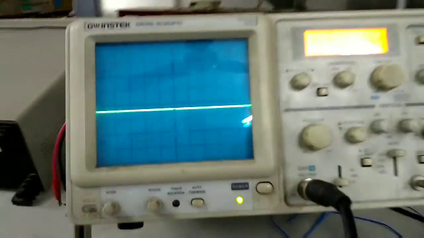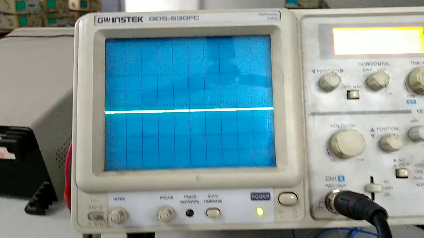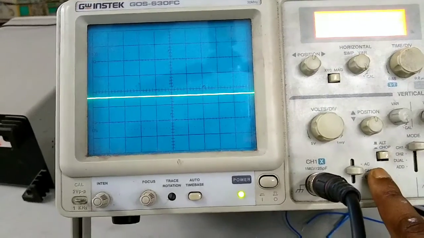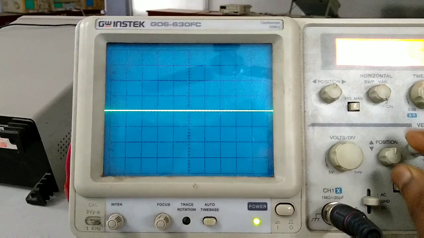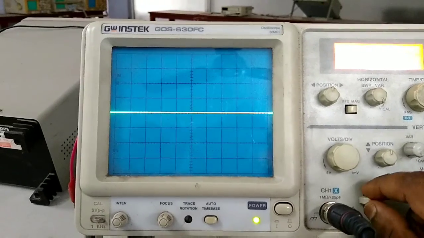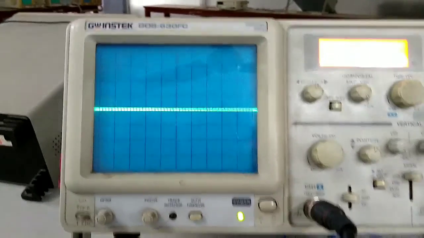And see, in CRO also, CRO is connected. See, this is in ground position. See, no voltage is coming, it is 0 volt.